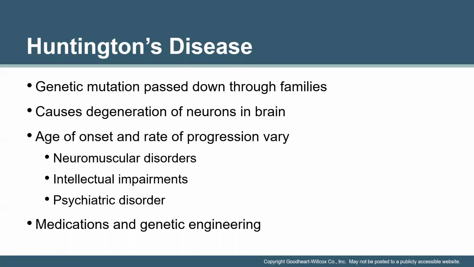Okay, Huntington's disease, this one's pretty rare, also called Huntington's chorea. Chorea, I guess that's how you pronounce it. This is a genetic mutation that also shows up a little bit later in life. It is rare. If you know you have a family with it in your line, you watch for it.